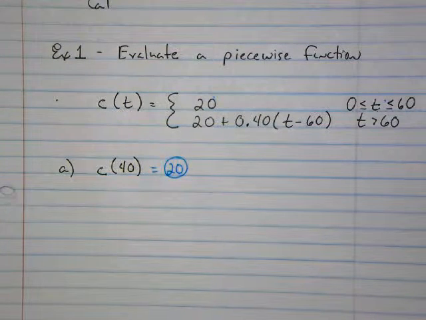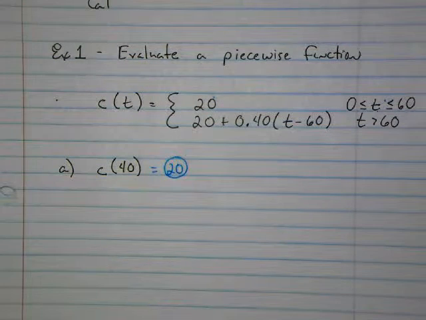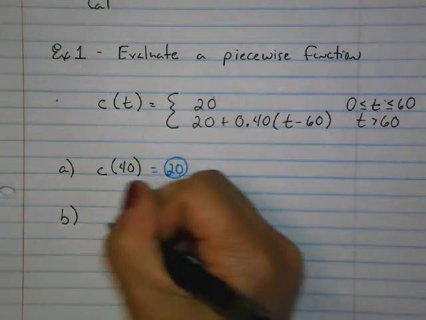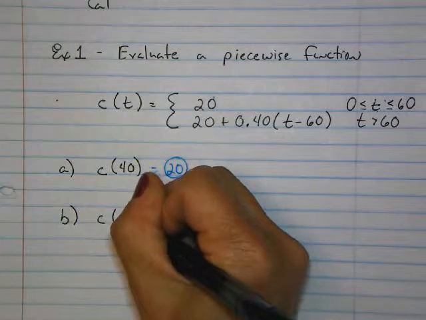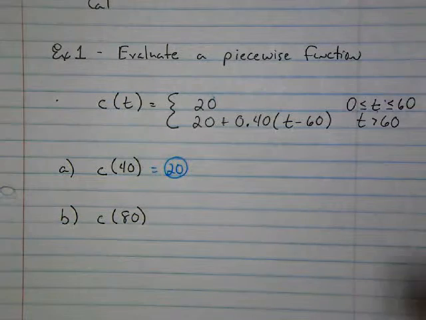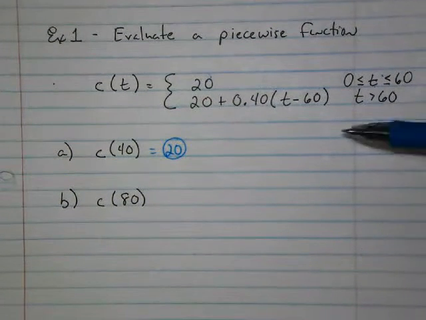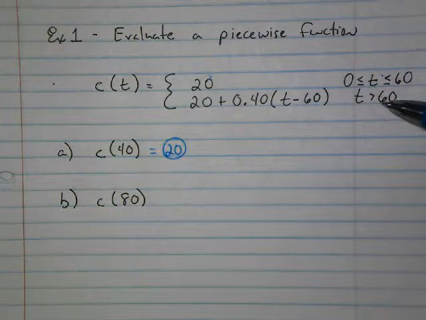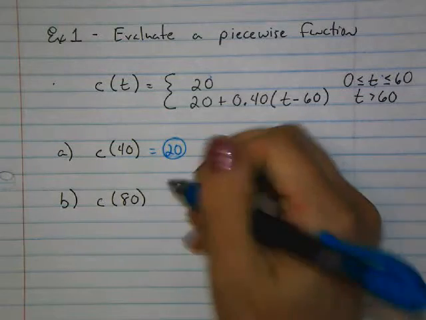So a piecewise function is almost like a fork in the road. You decide based on the value for the domain that you're putting in, which path you have to take. Let's just do one more of those. Let's say that we input 80. Come up here and decide which path you're going to take. So our domain is 80 in this case. 80 is greater than 60, so I'm going to apply this path.